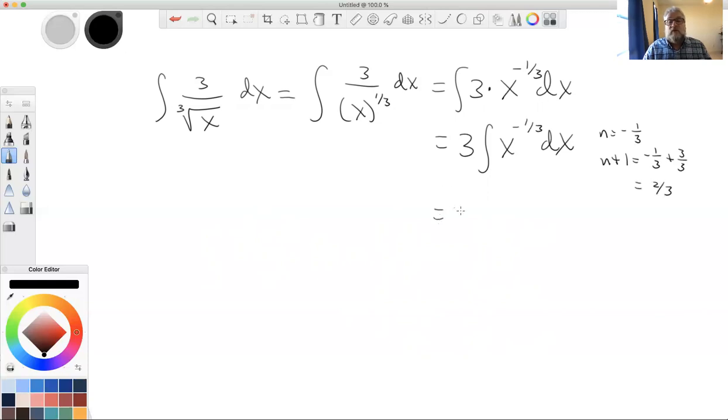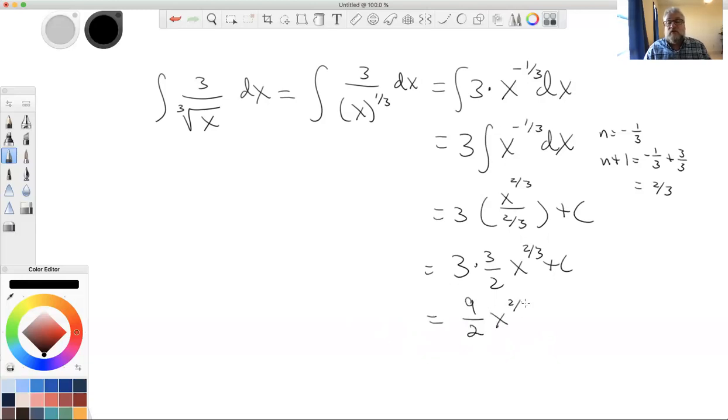So this is going to be 3 times x to the 2/3 over 2/3. And 2/3 will flip and become 3/2. So this is 9/2 x to the 2/3 plus c.